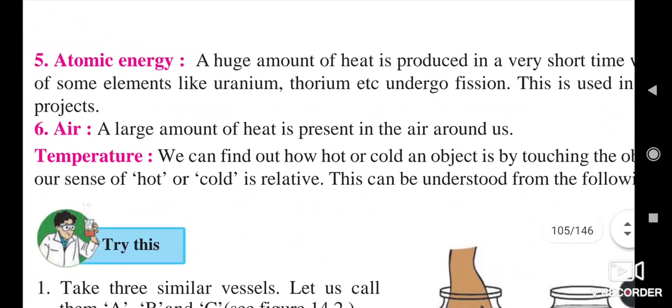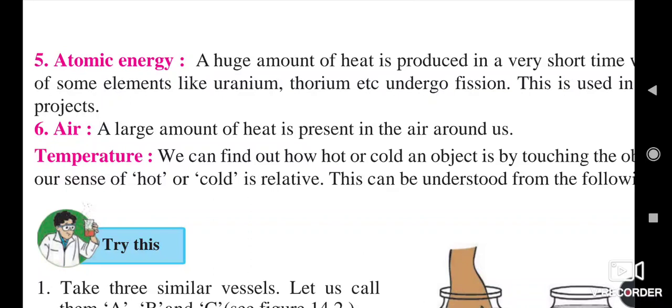It becomes very useful atomic energy for human beings because it does not produce any type of pollution, such as carbon monoxide or other harmful gases.